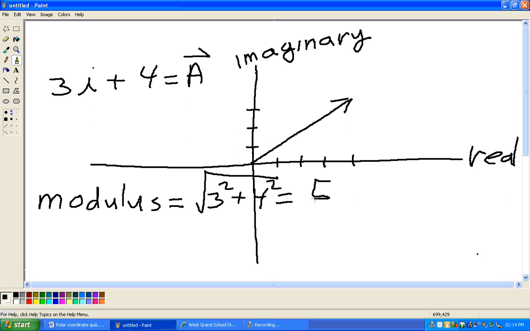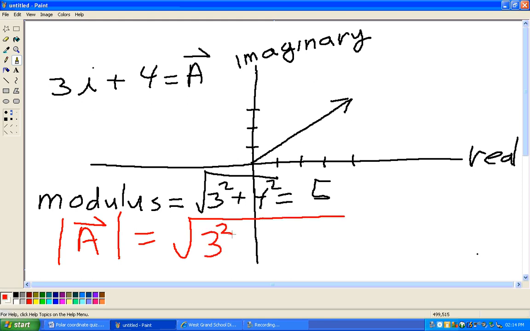Yeah. So the modulus is something that we will symbolize by using absolute value signs, which makes sense because distance is simply an absolute value. But that's 7, 4 and 3 is 7? No. Okay. 3 squared plus 4 squared is 9 plus 16, which is 25.